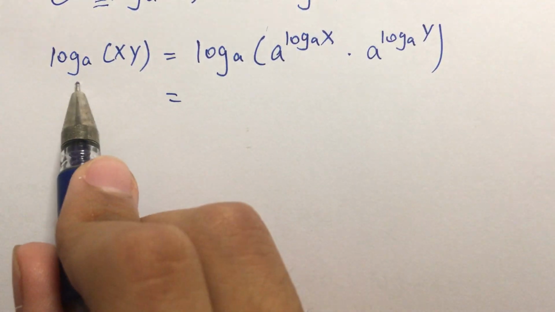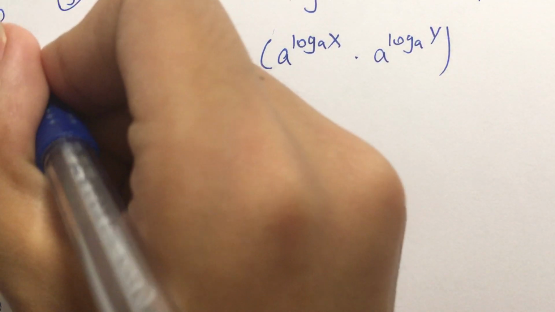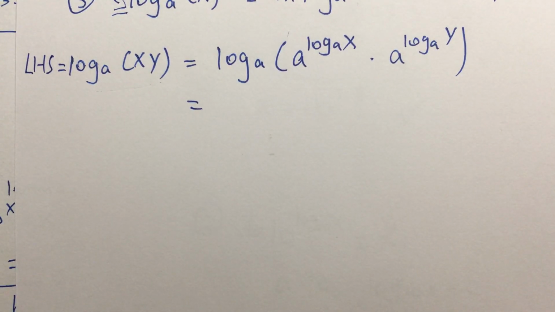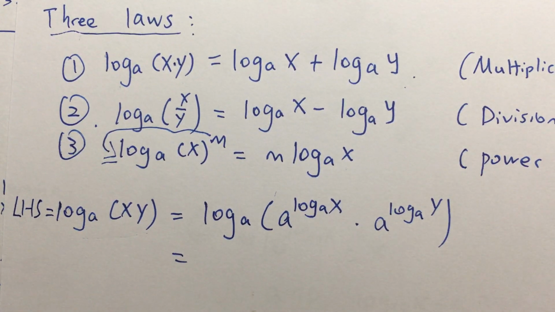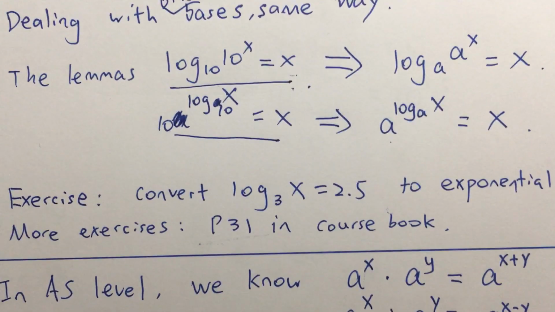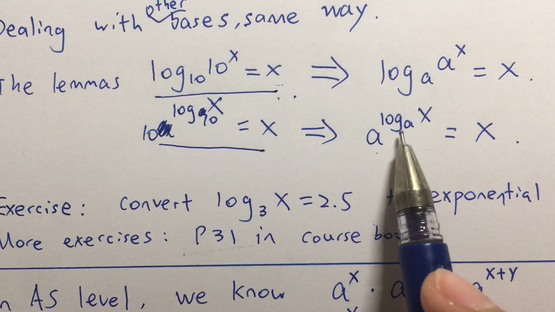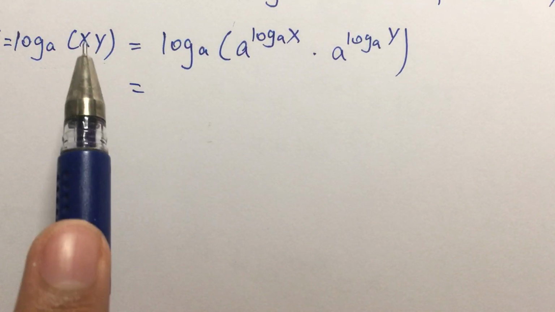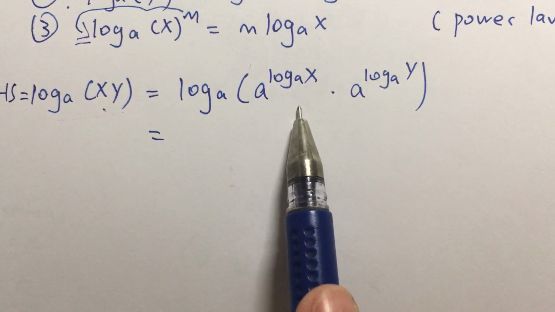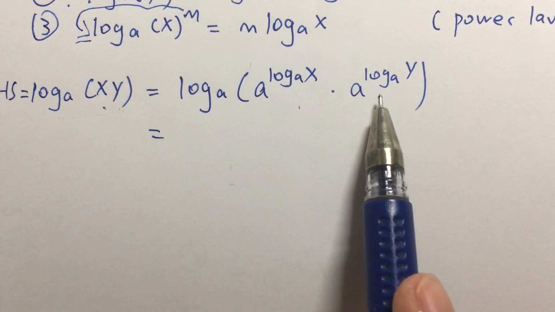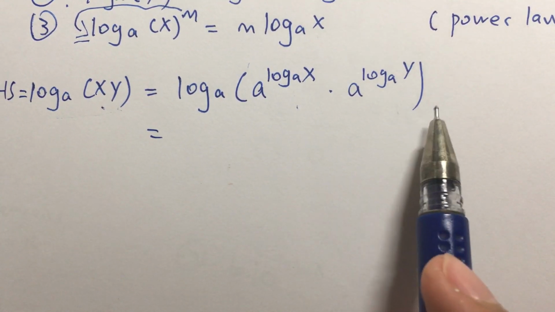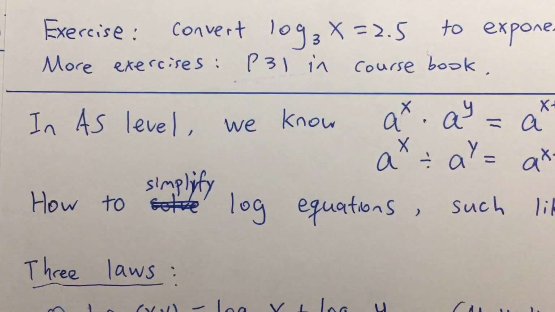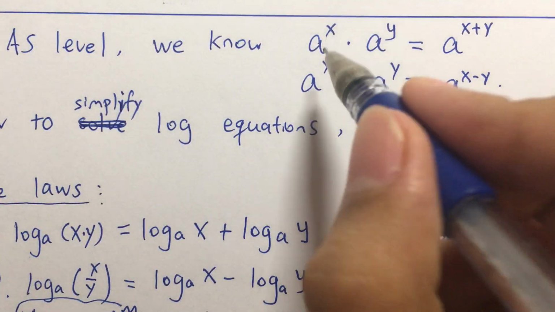The first one, log_a of xy. The left hand side equals this one, and because of the important lemma we just talked about, which is a to the power of log_a x equals x, we can change x into a^(log_a x) and y into a^(log_a y). Now let's use our skills from AS level.